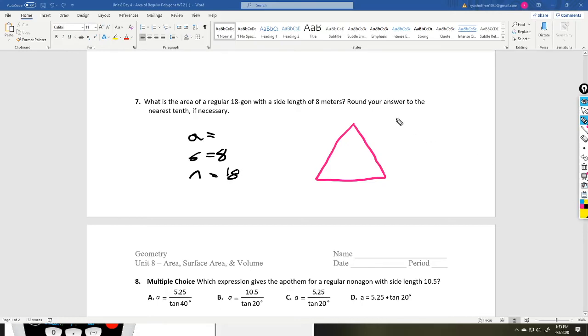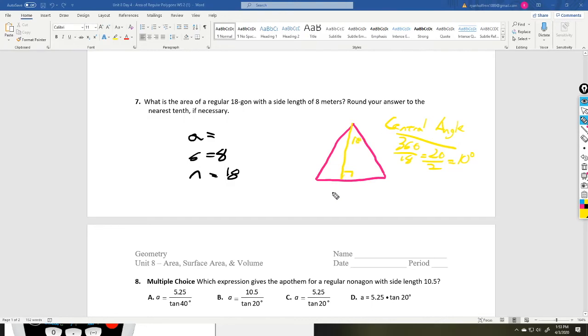Well, we can still get the central angle here. Why? Because the central angle is still 360 divided by our number of sides. And then cut that in half. Same way we have been doing. And now, here's what we have. We have a 10-degree angle.